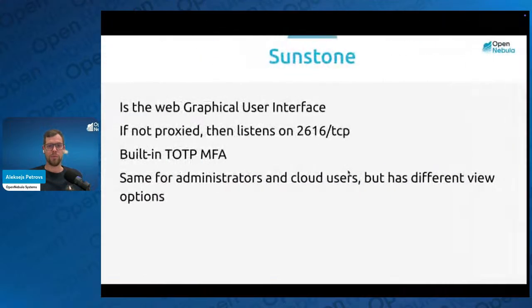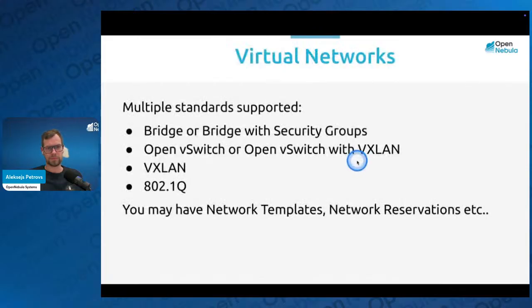Now, when it comes to virtual networks, OpenNebula supports a multitude of standards, and that would be Bridge, Open vSwitch, Open vSwitch with VXLAN, the VXLAN itself, and the 802.1Q.